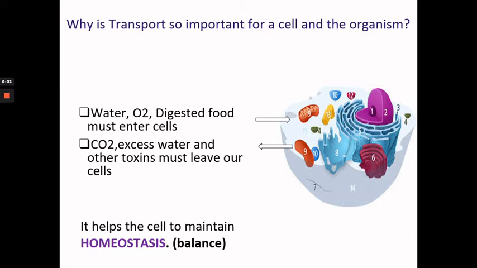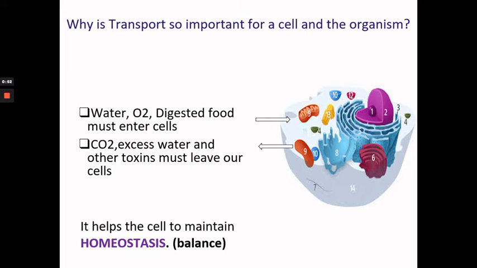And the simple reason is that the cell has to stay alive, and before it can do that, it needs some things to use. For example, we have water or oxygen or glucose, which the cell will use for energy to stay alive.